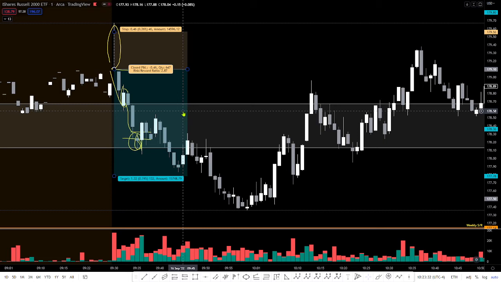So the rule with pattern day trading is a FINRA rule in the United States. When you have less than $25,000 on a margin account, right? Because there's only two accounts we can have: a margin or a cash account. If you have a margin account of less than 25,000, you will be flagged as a pattern day trader if you open and close in the same day.